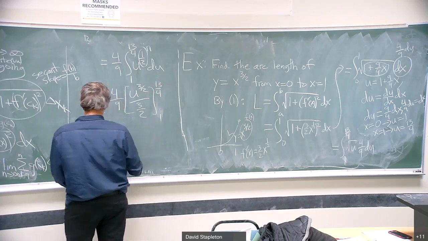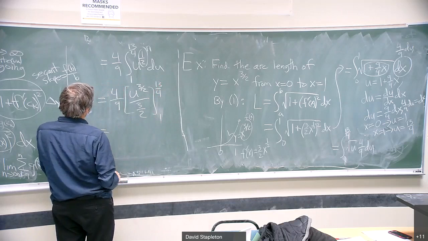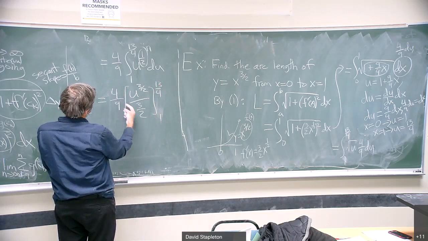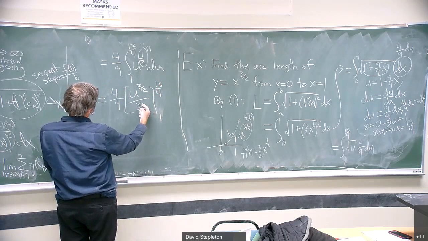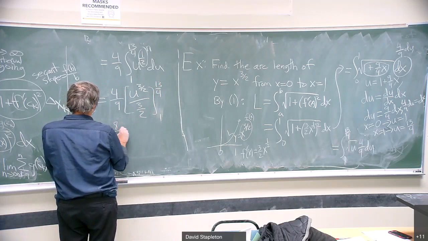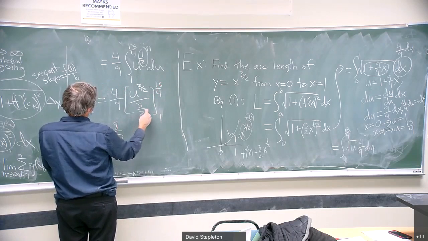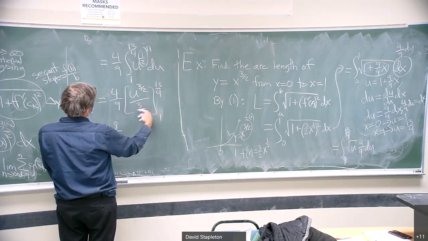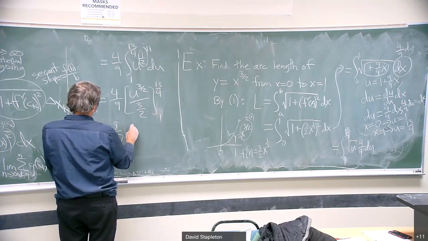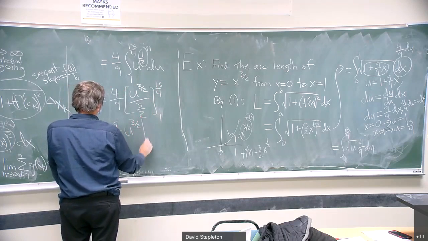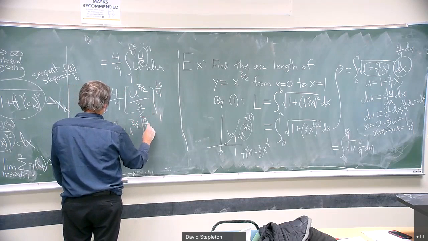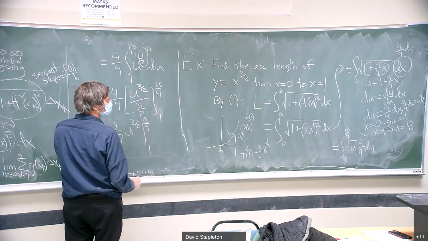Well, 4/9 times the reciprocal of 3/2, which is 2/3, so this is 8/27, right? Multiply 4/9 times 2/3, the reciprocal of this one. u to the 3/2, plug in 13/4 and 1 and take the difference.